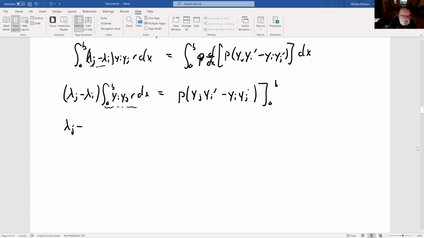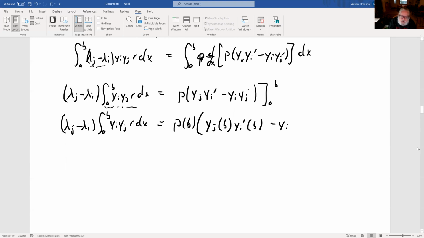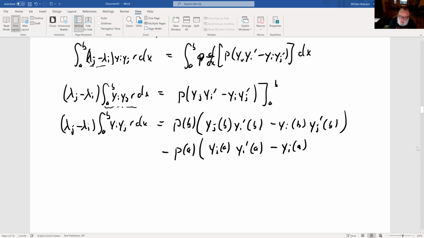We have (lambda j minus lambda i) times the integral from a to b of yi yj r dx equals what? p of b times (yj of b yi prime at b minus yi at b yj prime at b), and this should be a prime there, minus p at a times (yj of a yi prime at a minus yi at a yj prime at a).